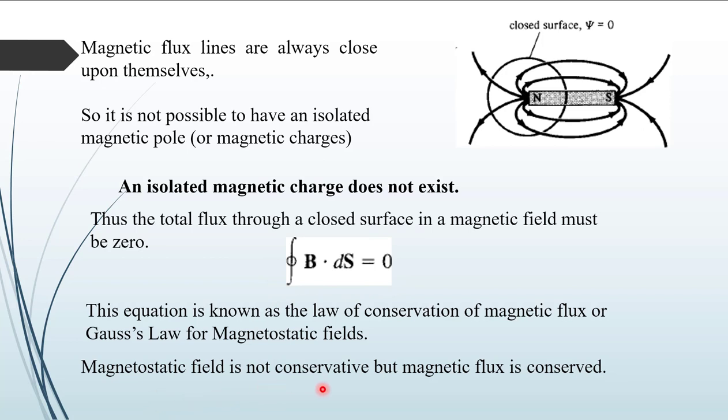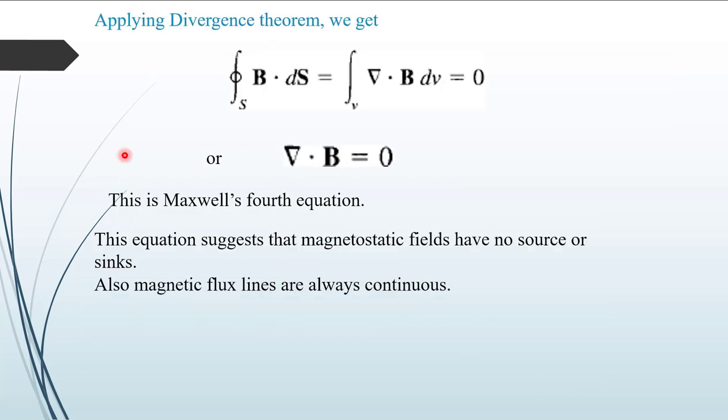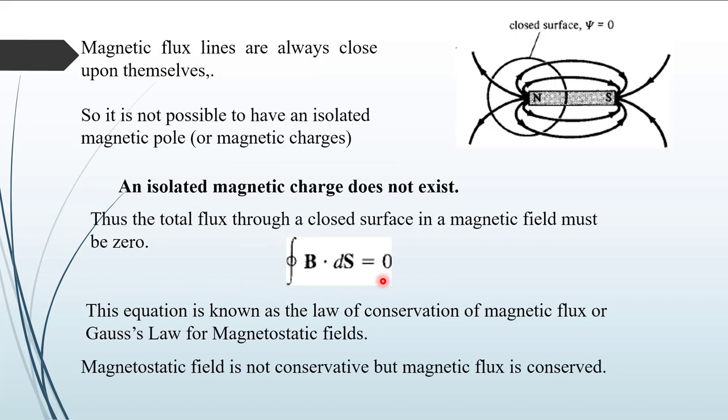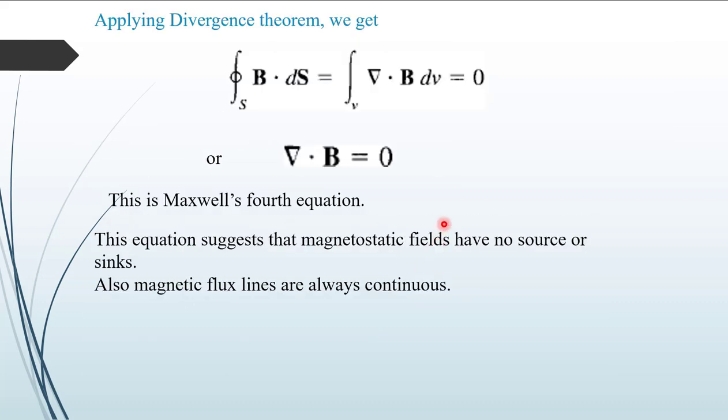Magnetostatic field is also conservative, but magnetic flux is conserved. By the divergence theorem, similar to electrostatics, we can apply the divergence theorem to magnetostatics also. In electrostatics, by the divergence theorem, the closed integration of D bar dot dS bar is equal to Q enclosed, which is also equal to the triple integration of rho v dv.